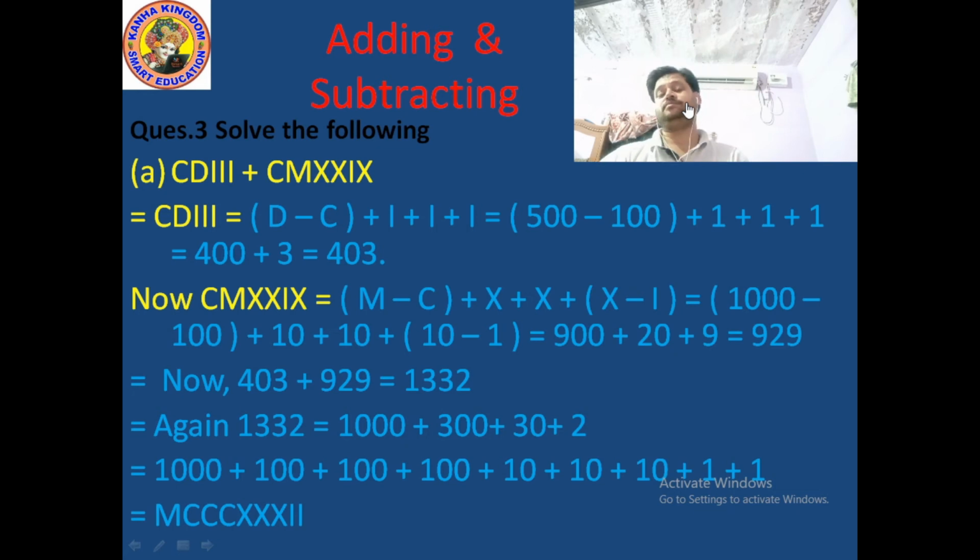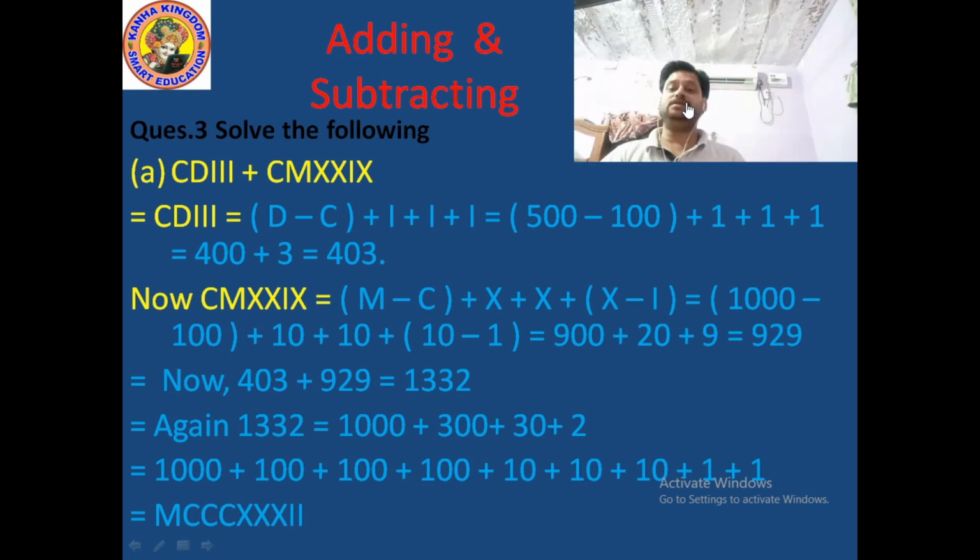So see how you write this number in Roman numerals. First is 1000. So write 1000 plus 300 plus 30 plus 2.